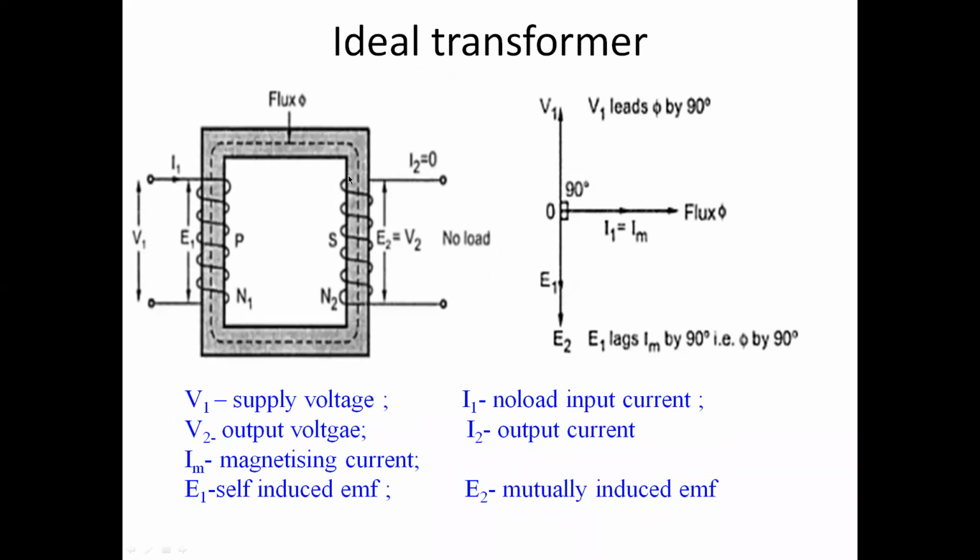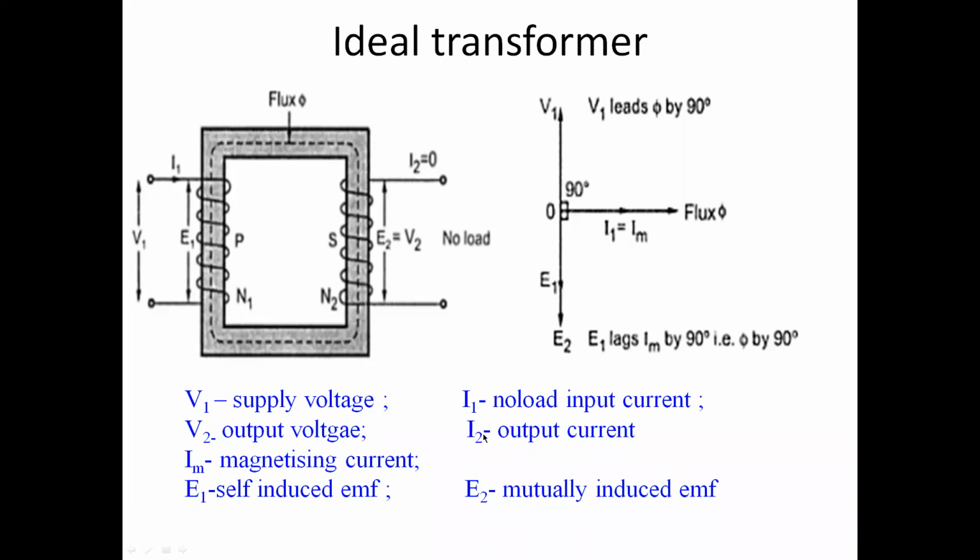When the ideal transformer is connected to supply, it takes only magnetizing current. So this here is the magnetizing current, Im, which we denote with I mu. That produces the flux. So this ideal transformer only draws the magnetizing current, no loss component also at no load.